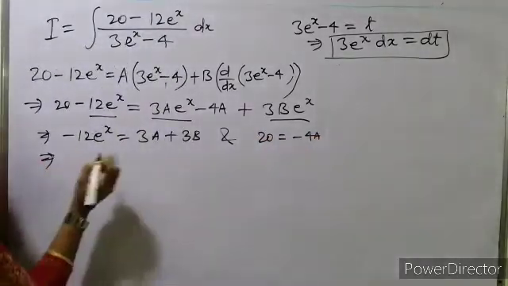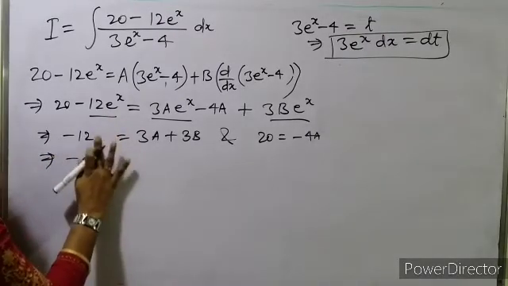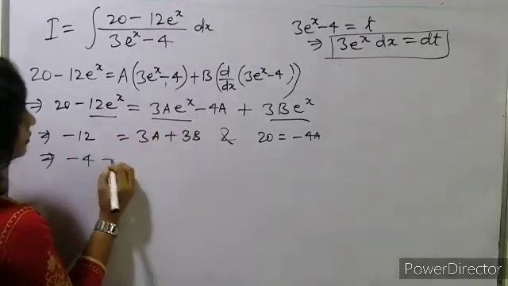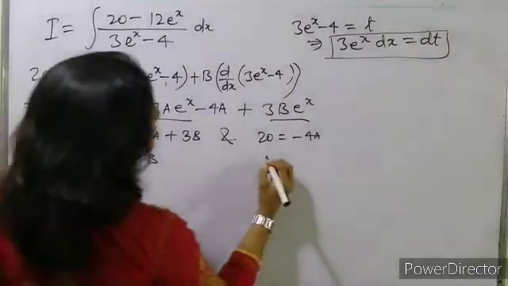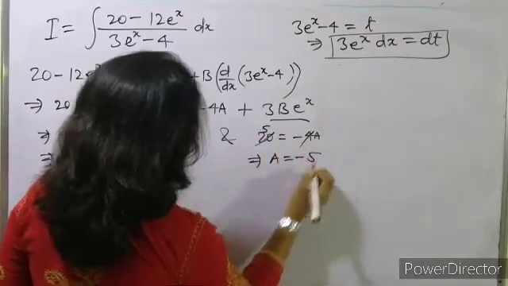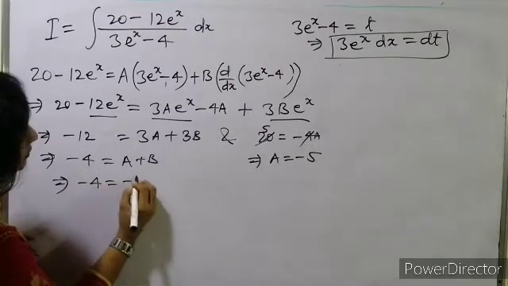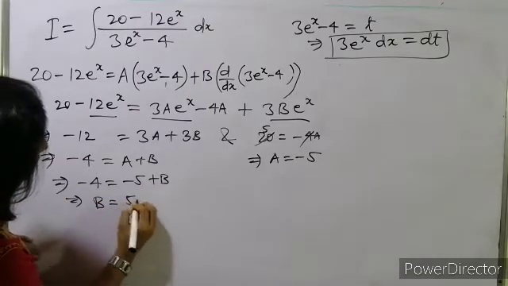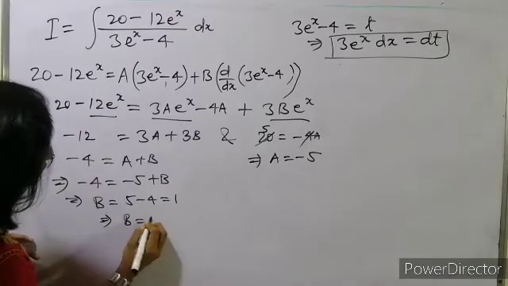Now we divide by 3, so minus 4, e to the power x we are not taking, cancelled, so minus 4 equals a plus b. Okay, and 20 equals minus 4a, so a should be equal to minus 5. So the value of a is minus 5, so minus 4 is equal to minus 5 plus b, so b should be equal to 5 minus 4, that is 1, so b is equal to 1.